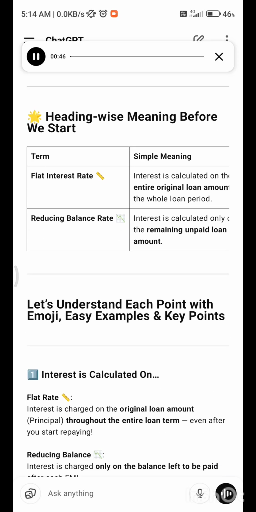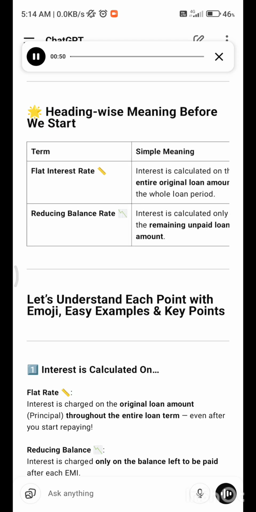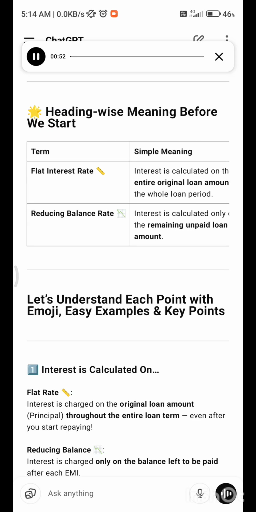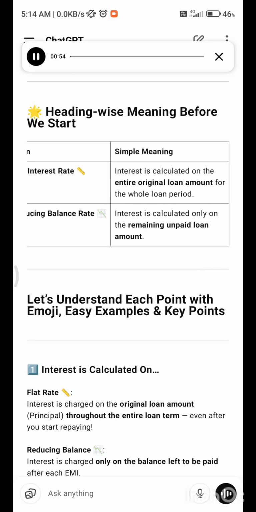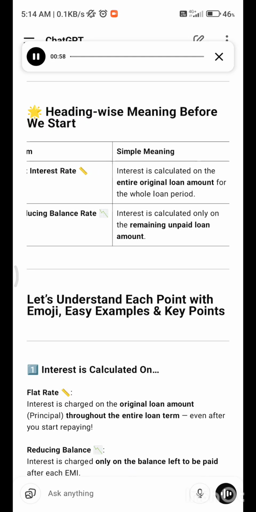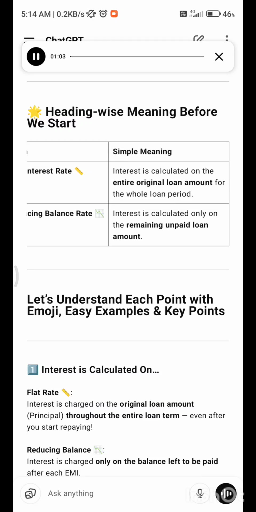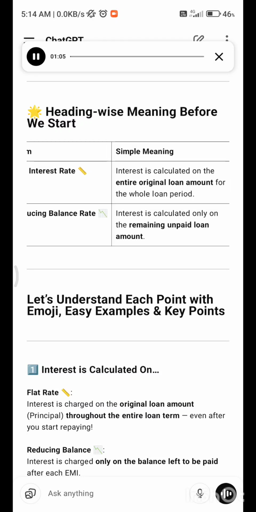Meaning before we start. Flat interest rate: interest is calculated on the entire original loan amount for the whole loan period. Reducing balance rate: interest is calculated only on the remaining unpaid loan amount.